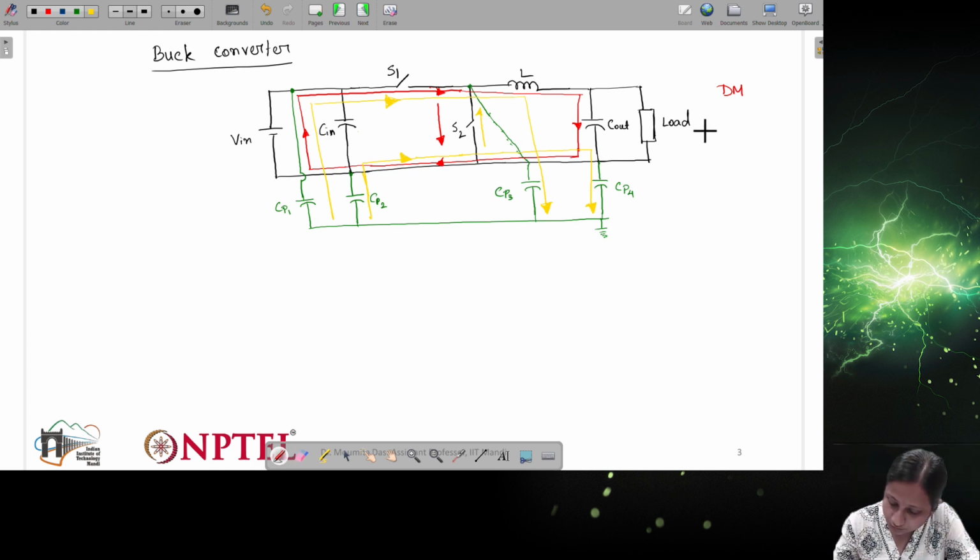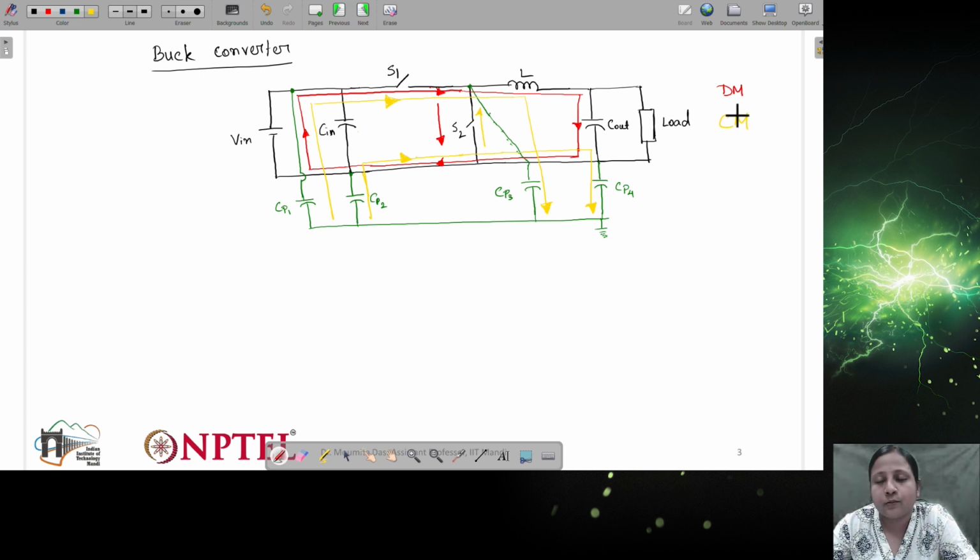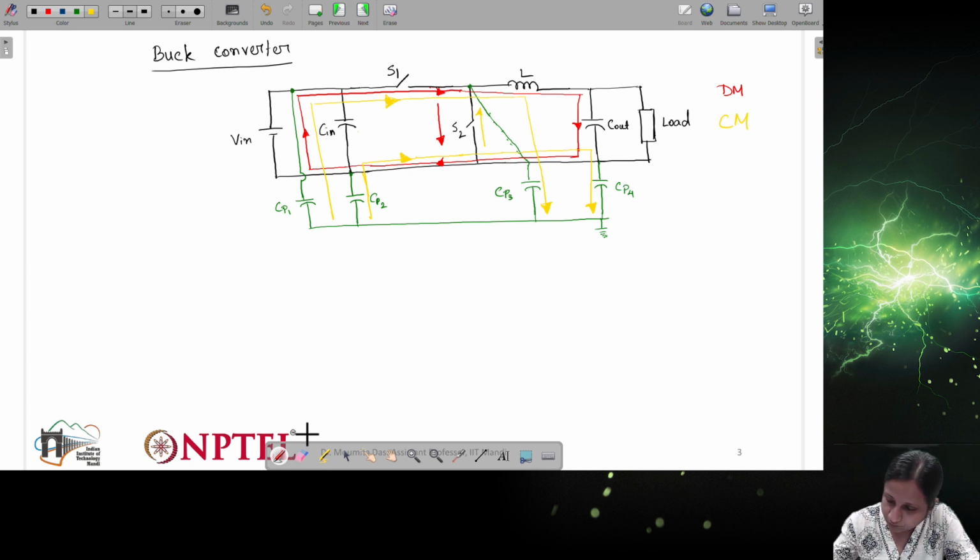this is common mode. So I am representing the common mode in yellow color and the differential mode in red color. This is the common mode noise path, and this is the differential mode noise path.